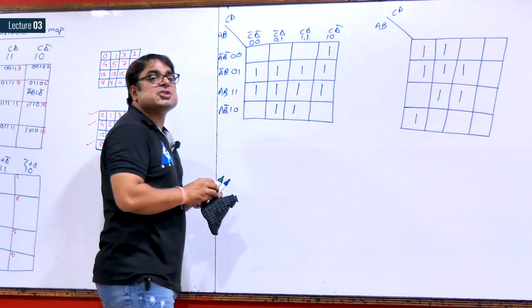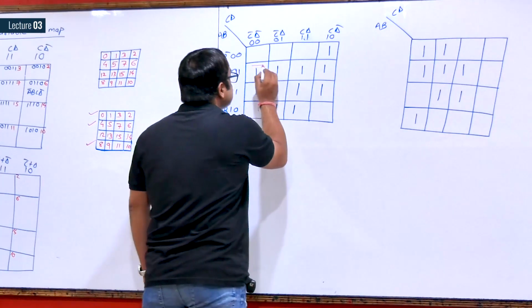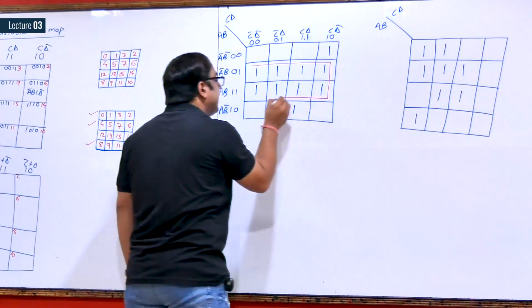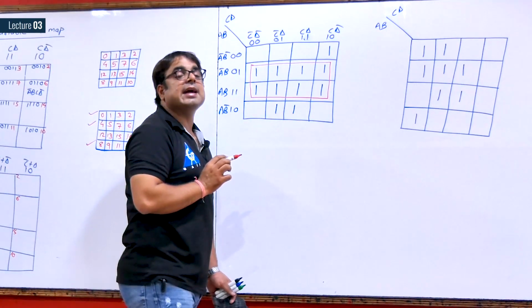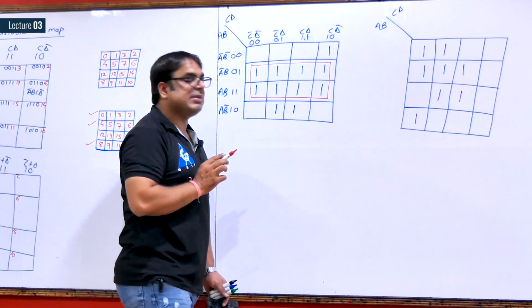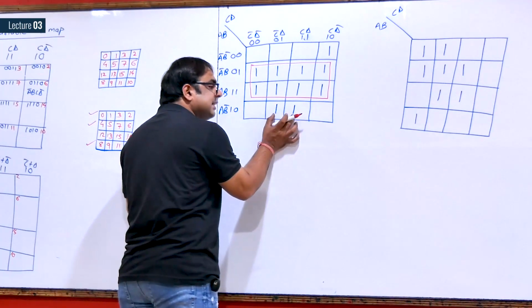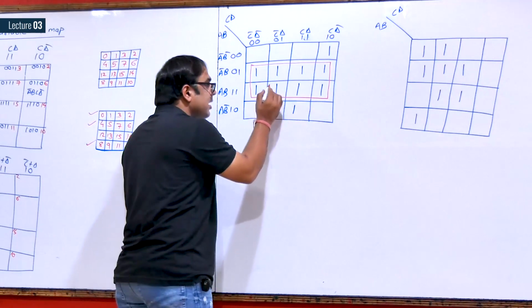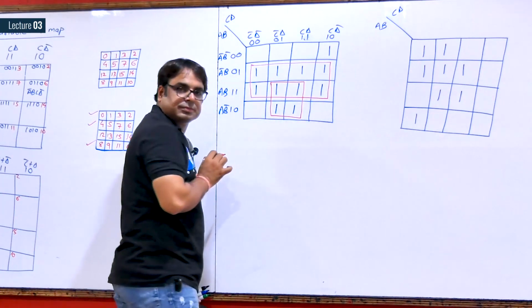Start from the biggest possible group that is visible to you. This time a rectangle of 8 min terms is available. Now if I consider these 2 min terms, I can make a rectangle of 4 min terms.